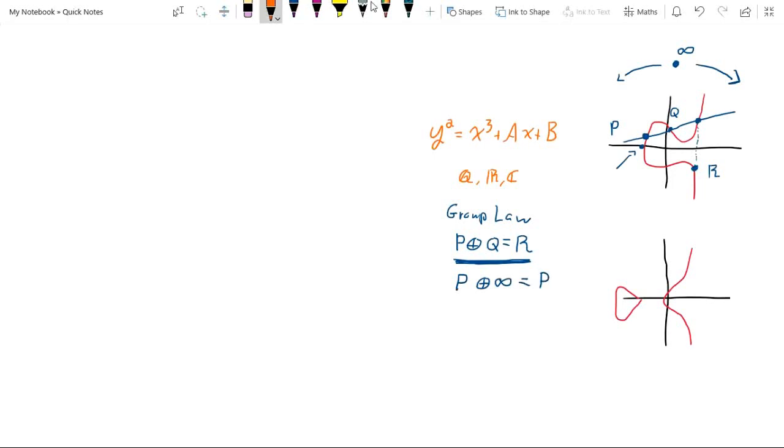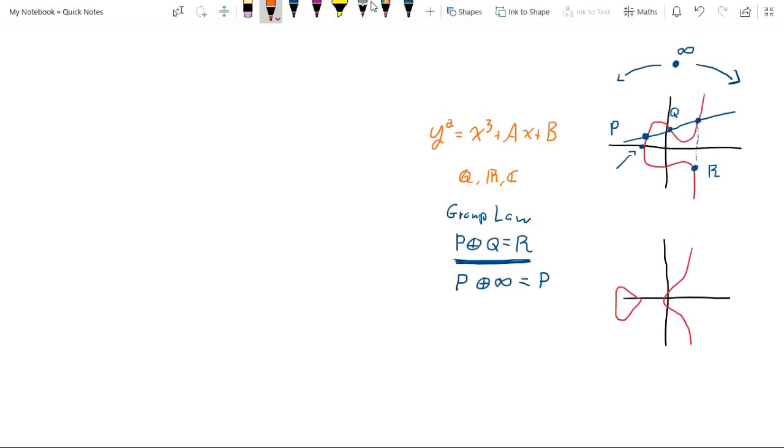Okay, so this cubic equation is nice, and this group law is nice, but I haven't been very general with you. There's a more general definition, which I'm going to mention in a second, and actually this isn't even the most general definition of an elliptic curve.